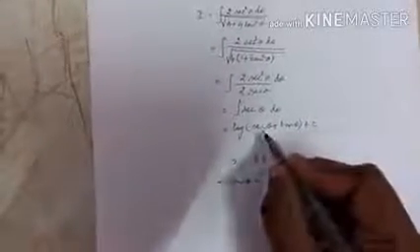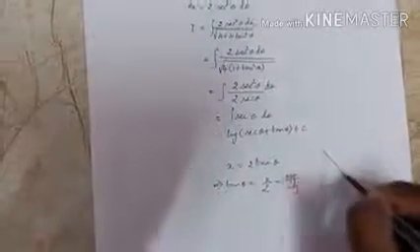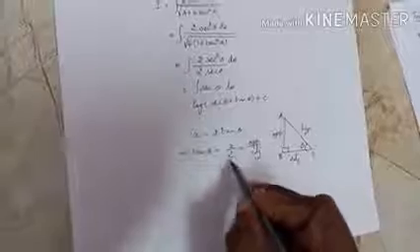Take a triangle ABC, B is the right angle, 90 degrees. Let this angle be theta. Opposite to theta is the opposite side, opposite to the right angle is the hypotenuse, and this is the adjacent side. The opposite side is x and the adjacent side is 2. So it is x and 2.